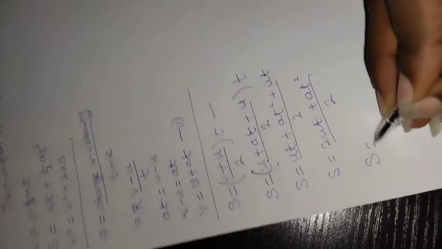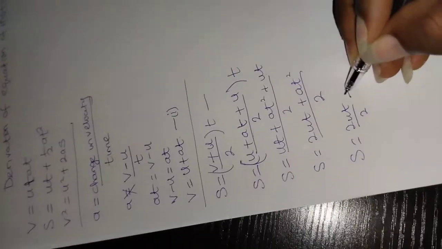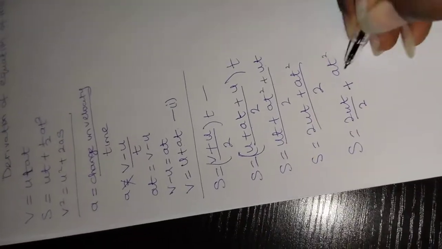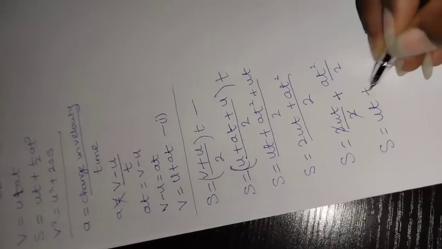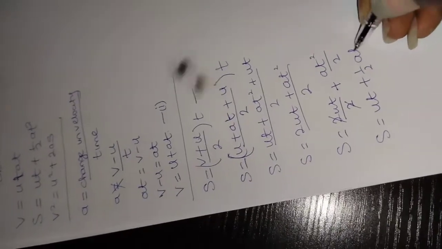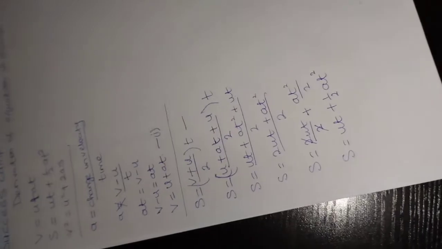So s is equals to 2ut over 2, changed to a fraction, plus at squared over 2, cancel that. Now having s equals ut plus half at squared, that way we have been able to get that.